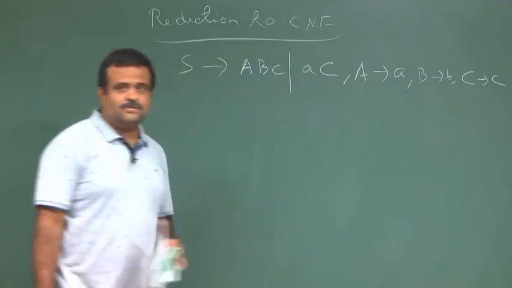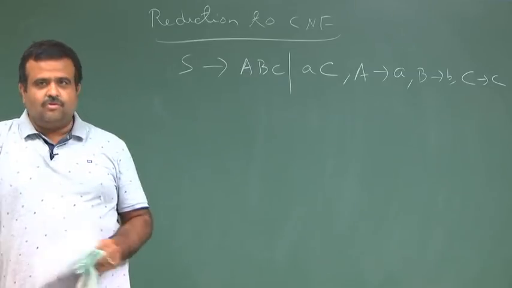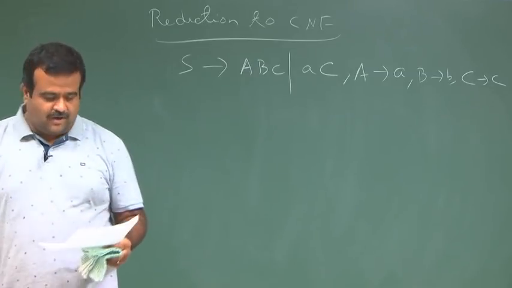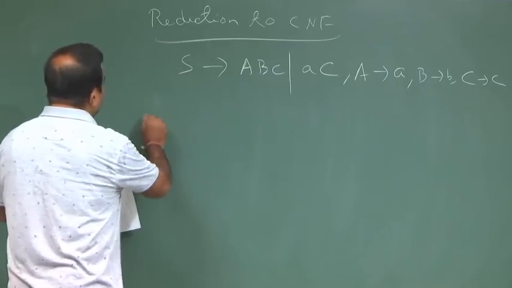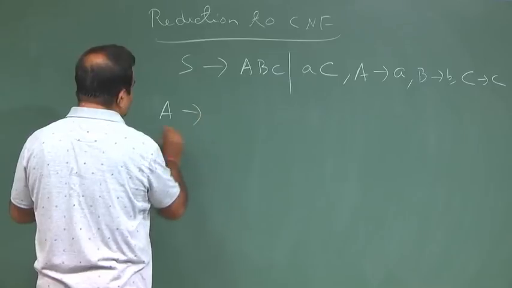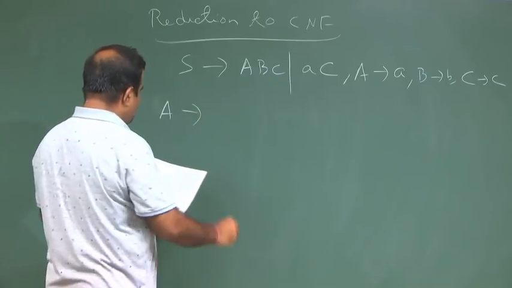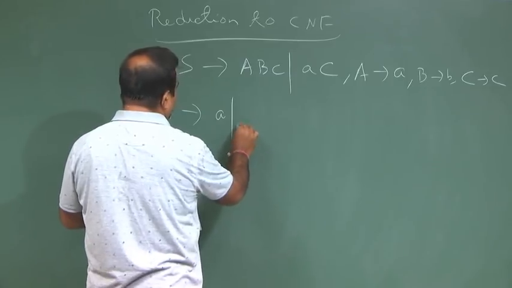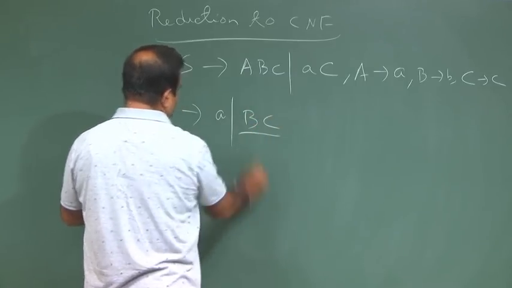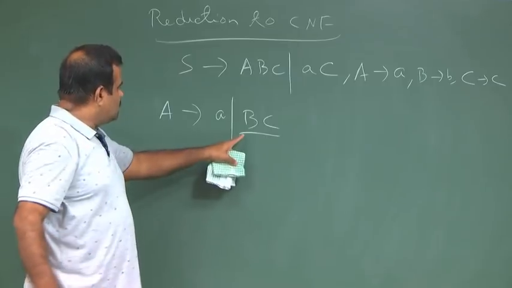Suppose this is our given grammar, and we need to convert it into CNF. This is not in CNF, because CNF means every variable should go to either a terminal or a product of two variables.